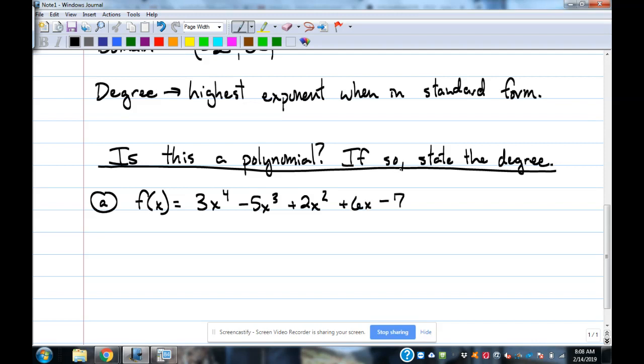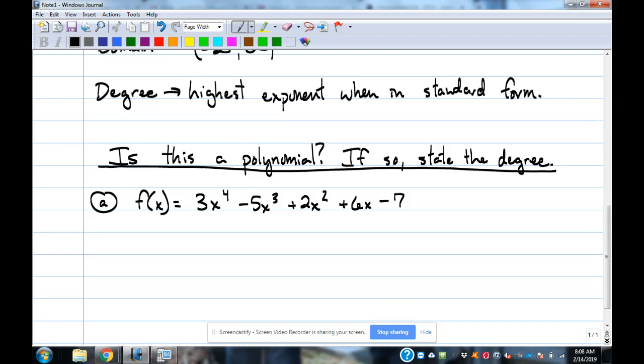All right, so here we have f of x is equal to 3x to the fourth power minus 5x cubed plus 2x squared plus 6x minus 7. We want to know, is that a polynomial? So we check the conditions that have to be met to be a polynomial. Those conditions are that you cannot have negative exponents or exponents that are not integers.